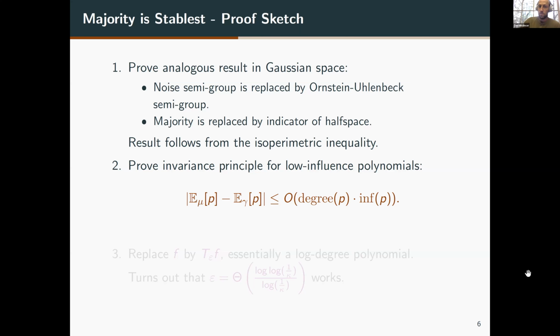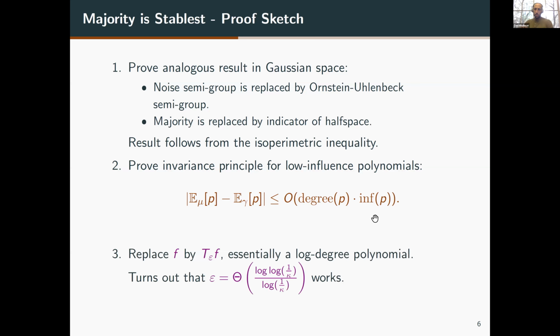And the error term depends on two things: the degree of the polynomial and the maximal influence of the polynomial. So essentially, low degree, low influence polynomials behave the same in Gaussian space and in the hypercube. And of course, every function on the hypercube is a polynomial. So this is meaningful, but not every polynomial is a low degree polynomial.